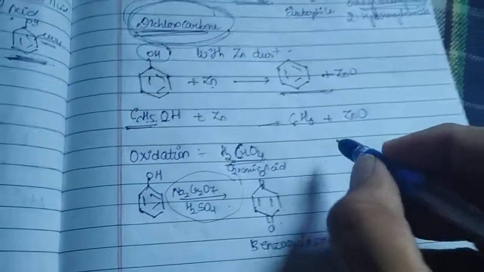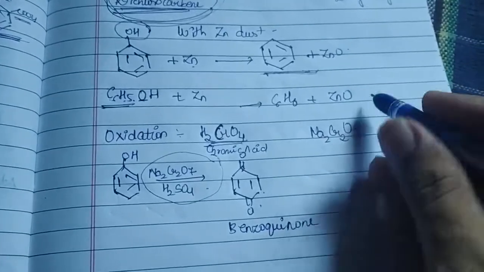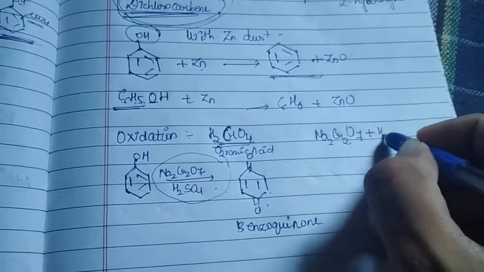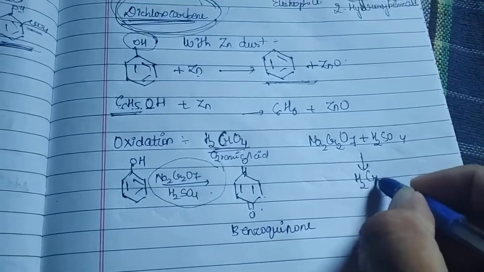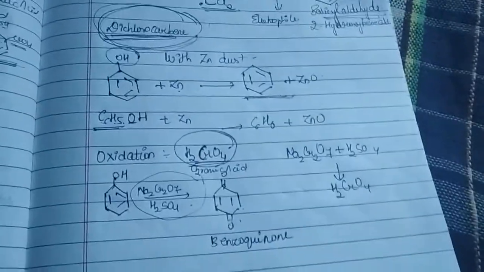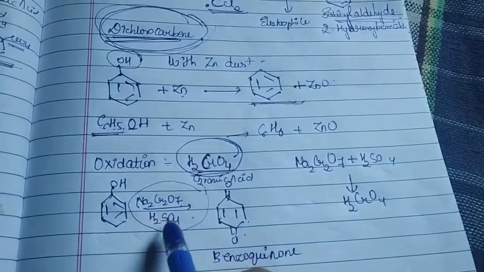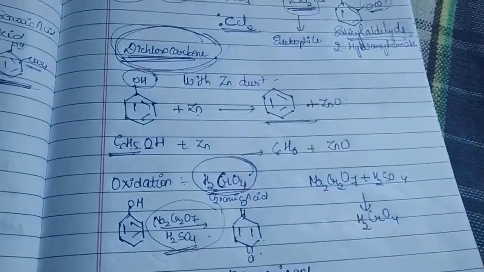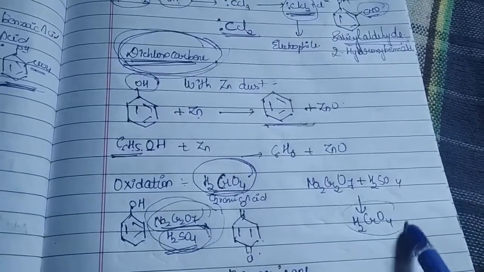Do remember, when your Na2Cr2O7, that is your sodium chromate, is treated with H2SO4, you will get H2CrO4. So instead of writing H2CrO4 directly, in most cases in your competitive exams they can give you Na2Cr2O7 and H2SO4, so you should know. When your sodium chromate is treated with sulfuric acid, it generates what?